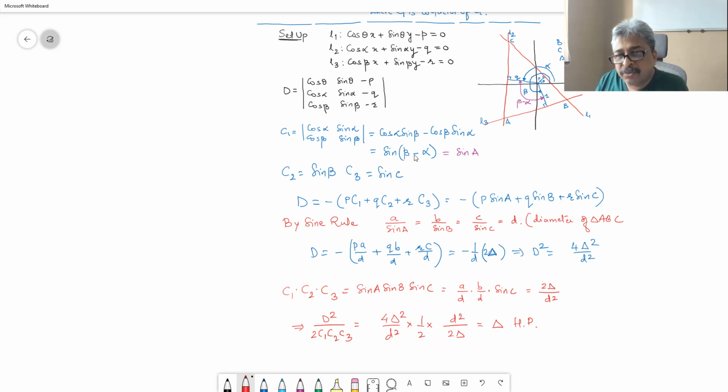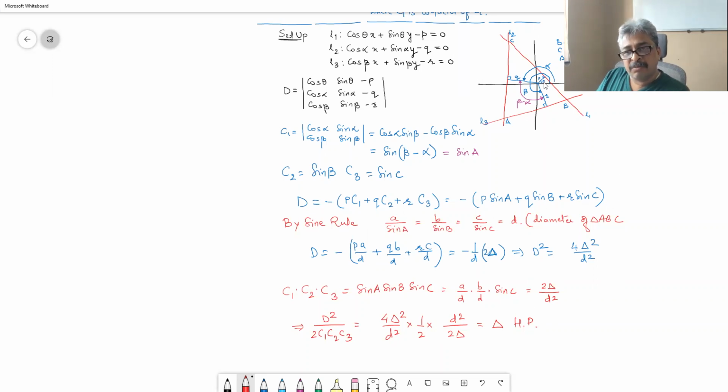However, luckily here, B minus alpha is visually the obtuse angle in my diagram, and therefore I can directly write it as 180 minus A, and sine of 180 minus A is sine A. In the case of B and C, maybe you will have to consider the reflex angle, then take 360 minus that reflex angle, do some calculations, and eventually you will get C2 is equal to sine B and C3 is equal to sine C. And then all the calculations will go in place.